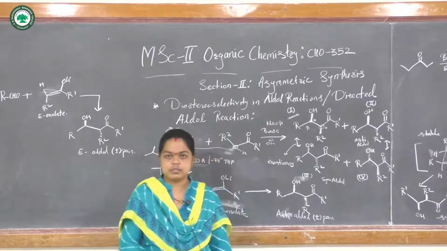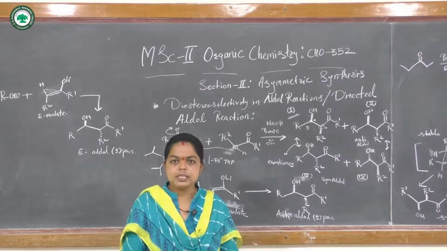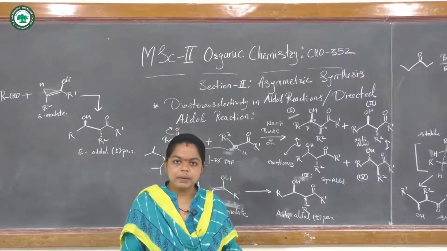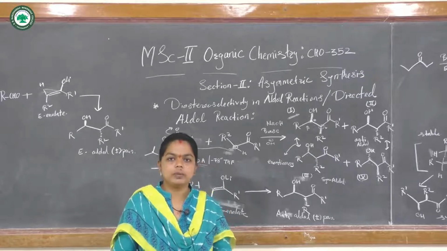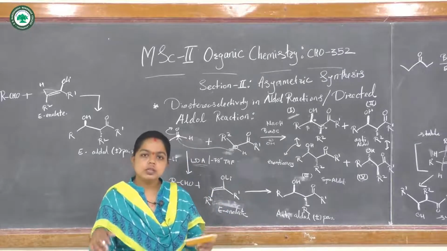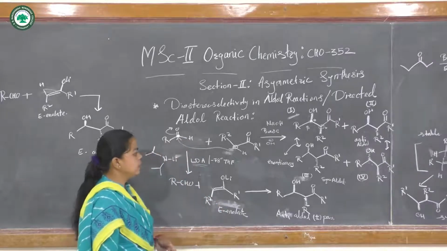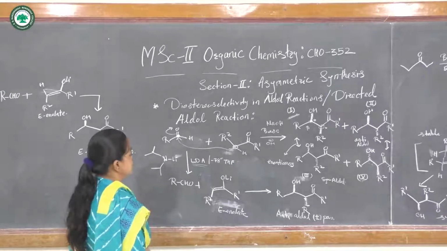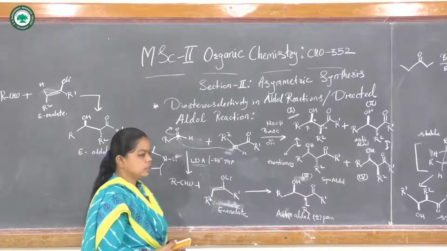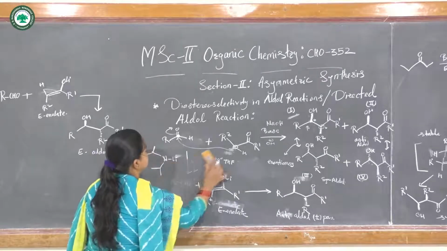We have to first synthesize this enolate, then trap this enolate with a particular reagent, separate them by column chromatography, and again deprotect the enolate so that we get it in pure form. For this we can use the corresponding strategy. We can use the trimethylsilyl chloride compound for this.